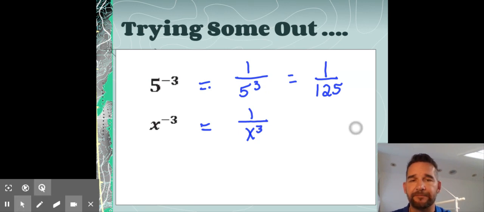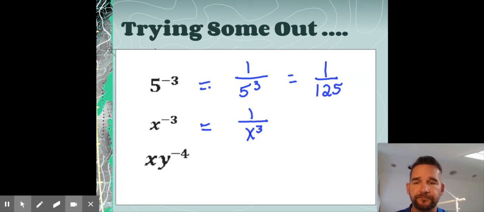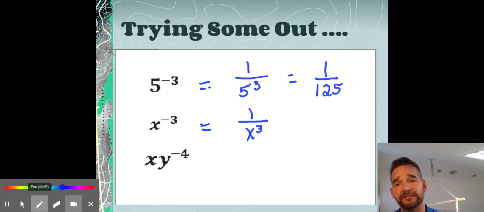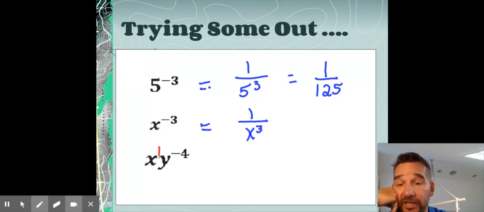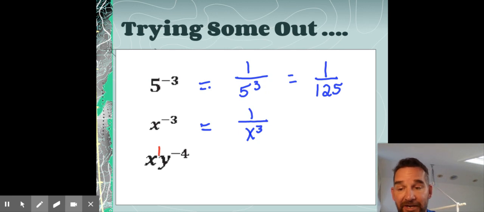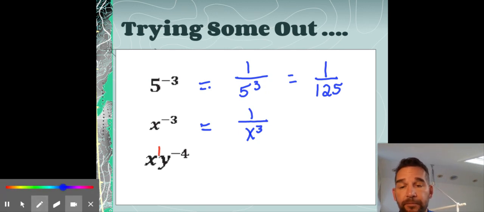I think I got one more example here for us to try. Let's take a look at this one here. Now, what's different about this is that there's a negative exponent on the y, but not on the x. The x's exponent, keep in mind, is 1. So only the base with the negative exponent needs to go down into the denominator, not both parts.